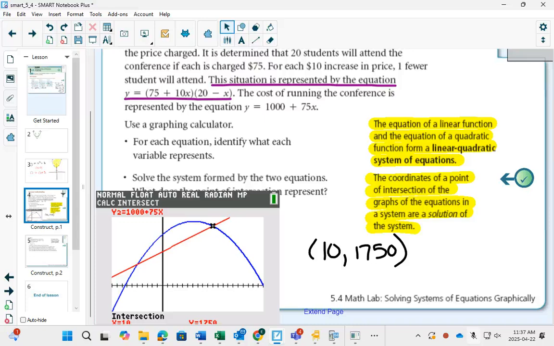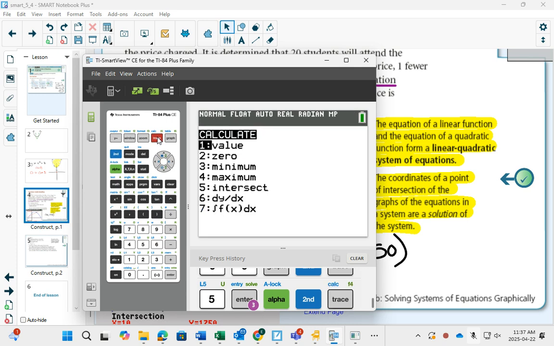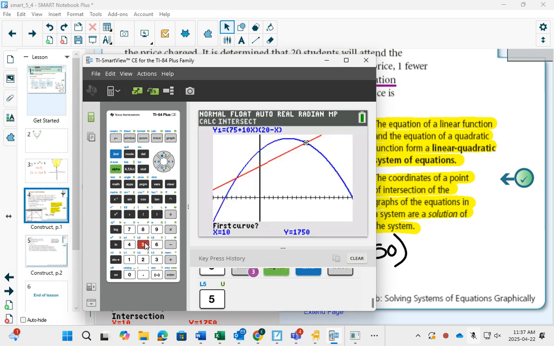But we can also be like, okay, let's find this other intersection point. So now my cursor's over there, so I'm going to have to hit the left button. Oh yeah, holding it in is definitely a better option.